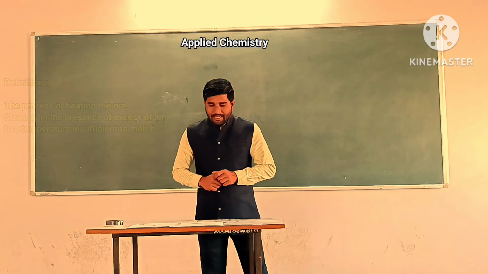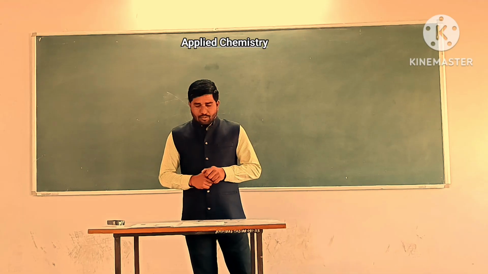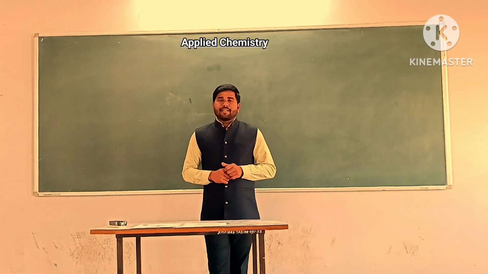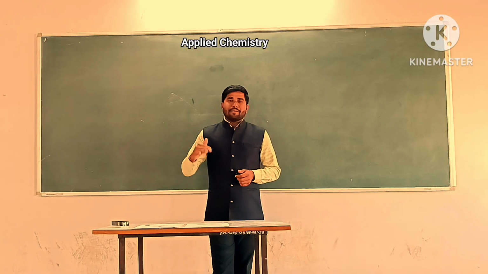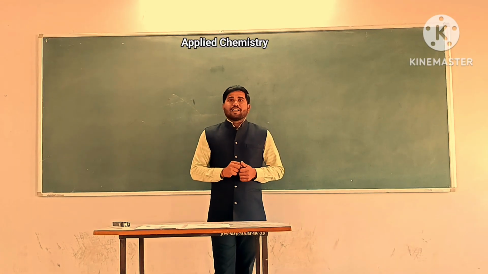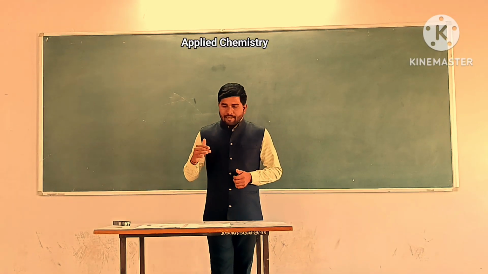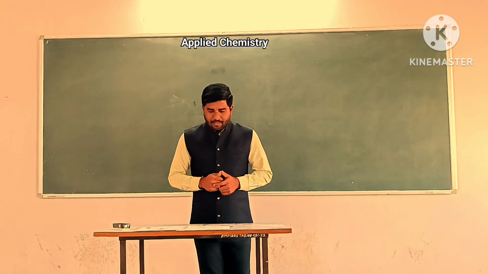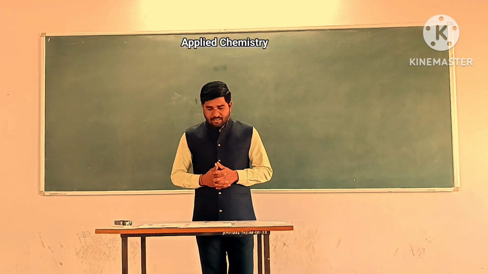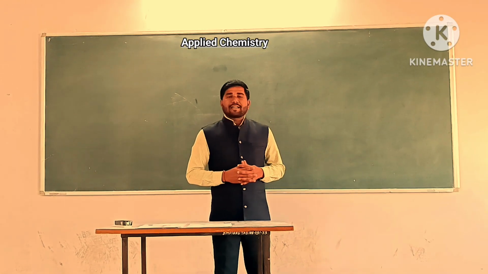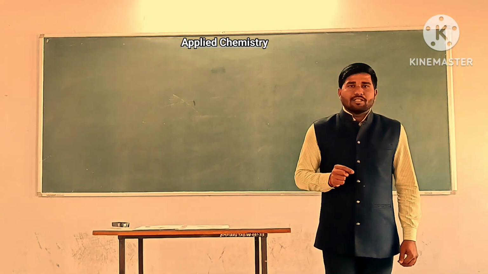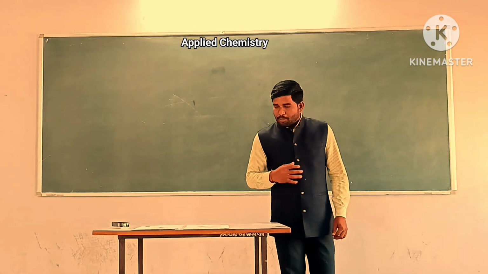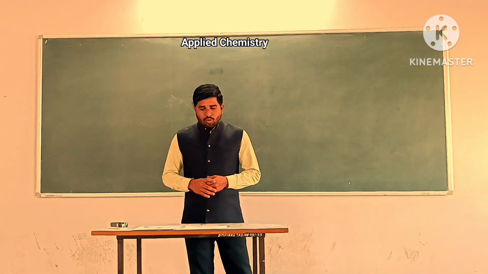In this method the ore is strongly heated up to an elevated temperature, very high, without fusion, in presence of air, and due to that the volatile constituents present in the ore can be removed.